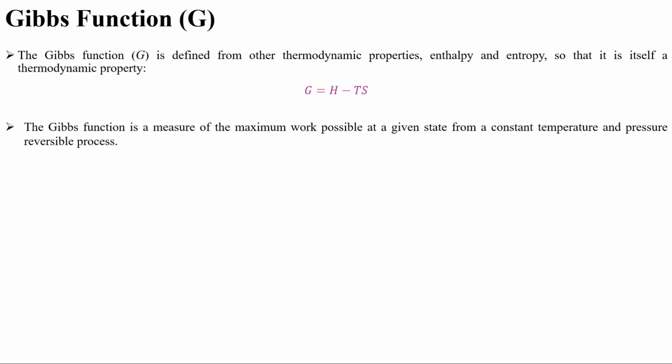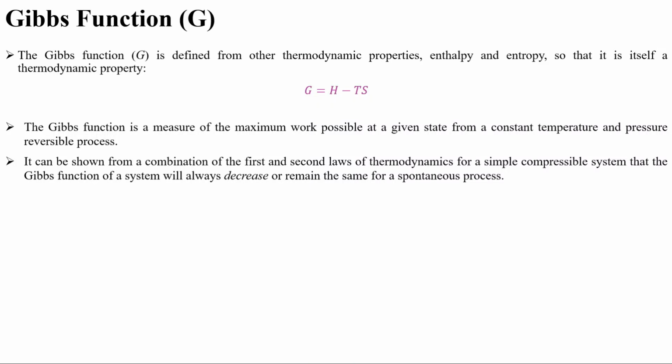If we have a reversible process at constant temperature and pressure, then the amount of maximum work possible from that process is given by the Gibbs function. It is nothing but the maximum possible work from a reversible process at constant temperature and pressure.